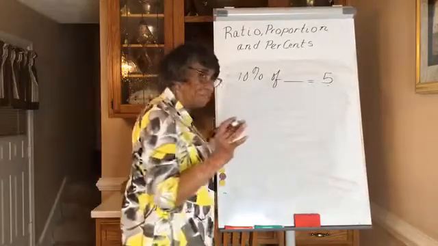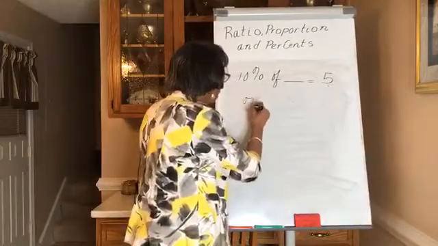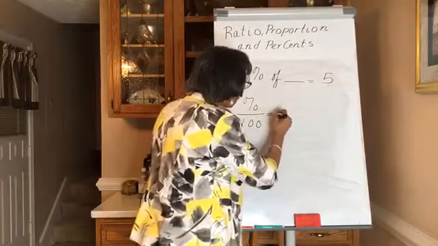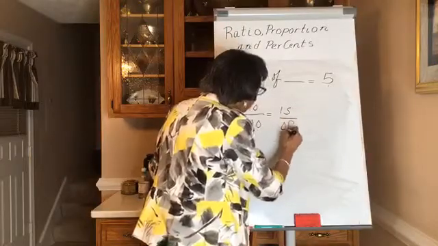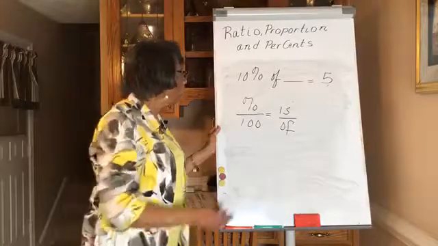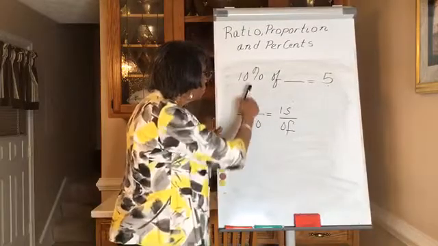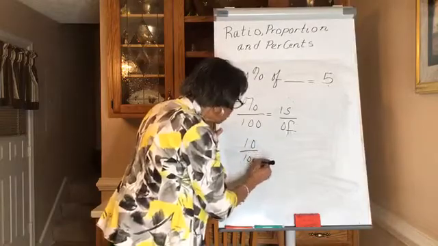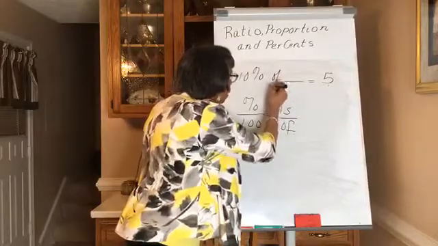Okay, so this is where I had a little something there. I had percent over 100 equals is over of. Now you say, what in the world is that, Mrs. Spencer? Well, percent is always going to be over 100. So whatever the percent is, it's always going to be over 100. So we got 10 over 100 here. And find the word of.